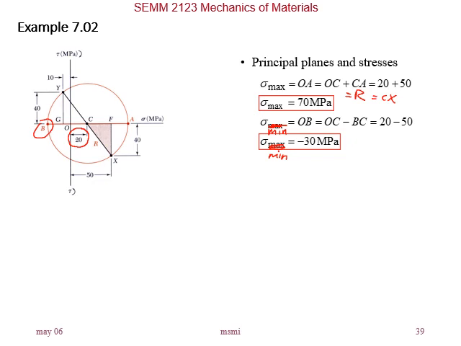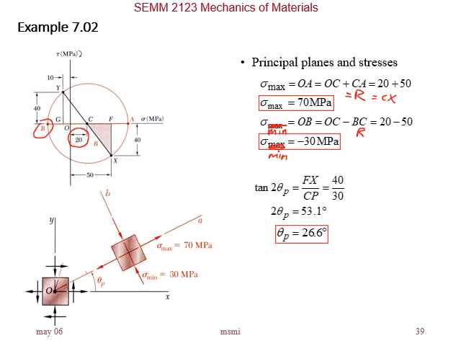Now OB is equal to OC minus R, because CB is R, the radius of the circle. So it's 20 minus 50, so we get minus 30. And that's how you get sigma max and sigma min easily.